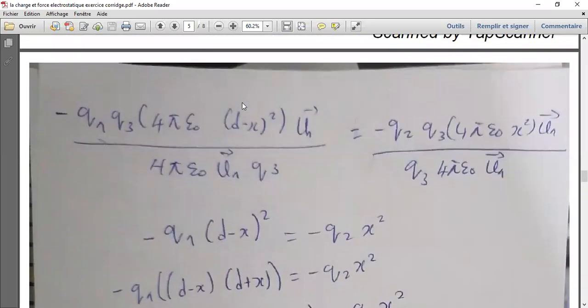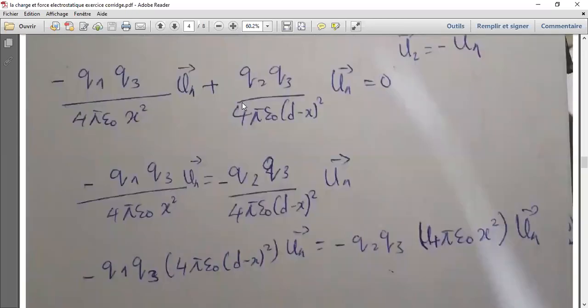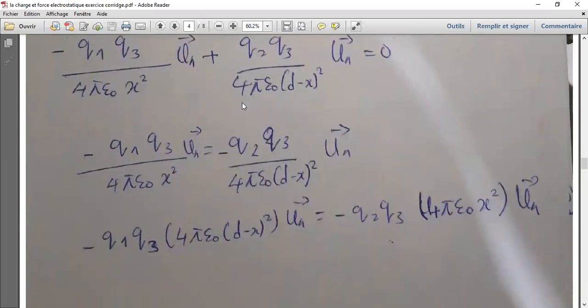If you want, but in the case of placing the numbers, it will be very difficult for you to simplify your equation. It will be very difficult for you to simplify the equation.